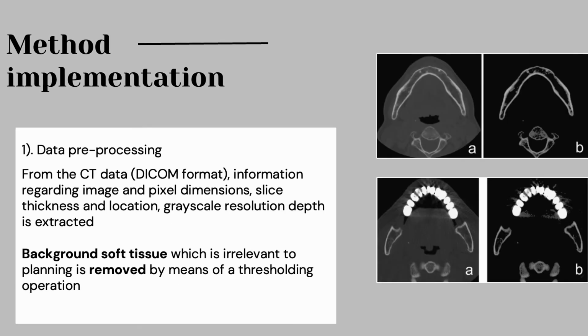From the CT data, information regarding image and pixel dimensions, slice thickness and location, and grayscale resolution depth is extracted. Background soft tissue which is irrelevant to planning is removed by means of a thresholding operation, as you can see in the picture.